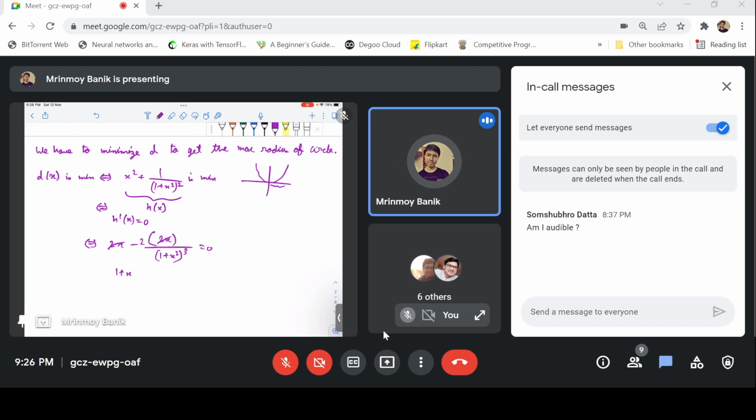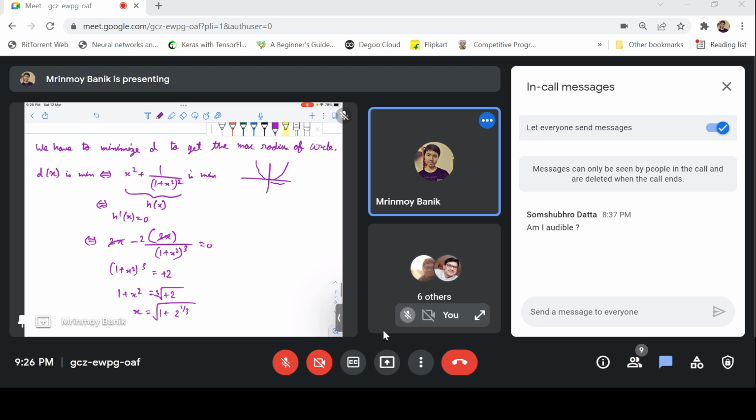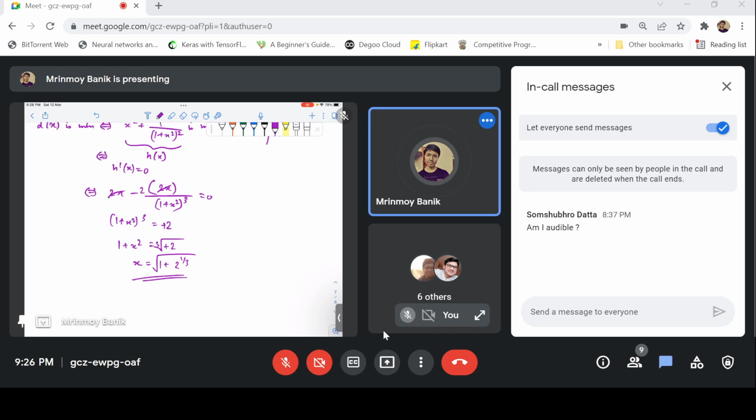That leaves 1 plus x squared whole cube equals minus 2. So cube root of minus 2. No, it's cube, not minus 2, is plus 2. So cube root of 2 times, so 1 plus square root of that is x. Yeah, so that's our answer.